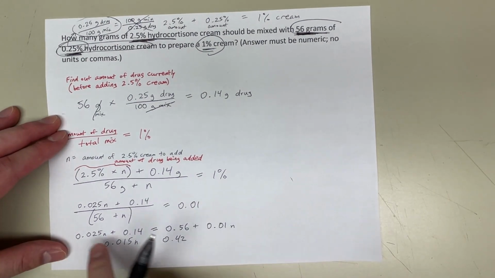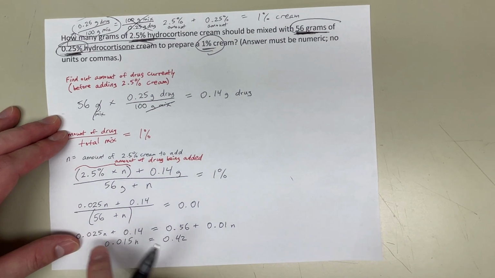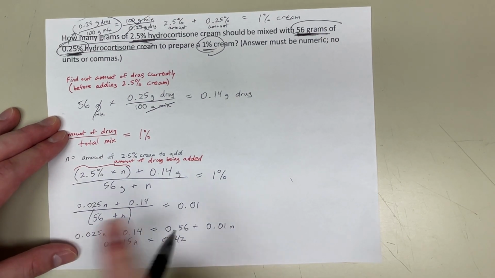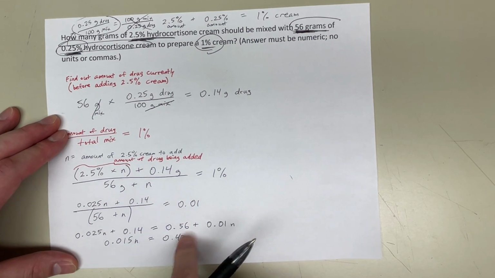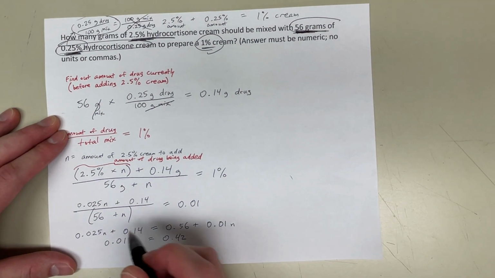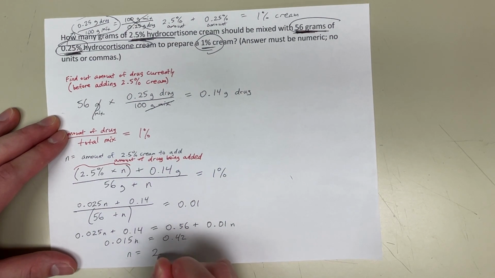I subtracted 0.01 N to this side, and I also subtracted 0.14 to this side, and that's why I got this. So when I solve for that, my N should be 28 grams.